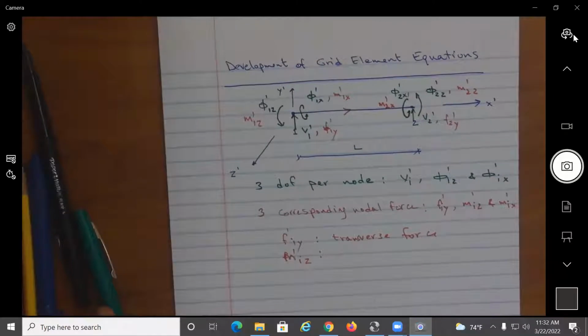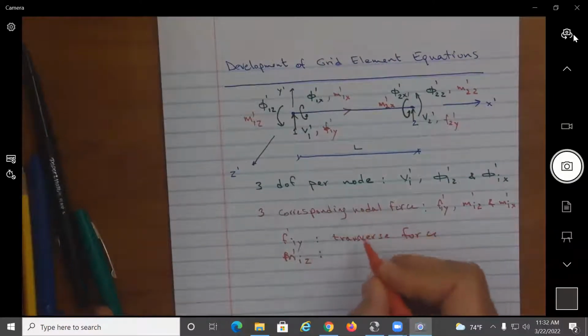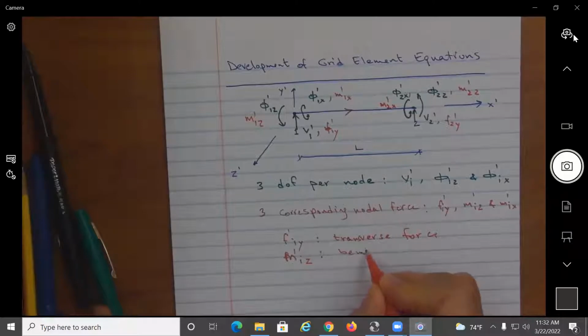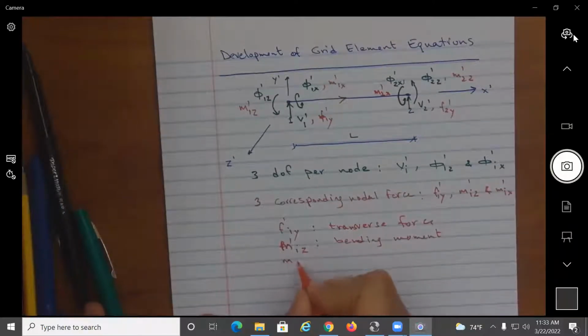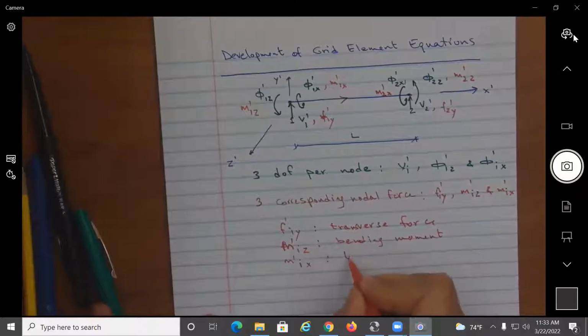So M1Z prime is the bending moment and M1X prime is a torsional moment.